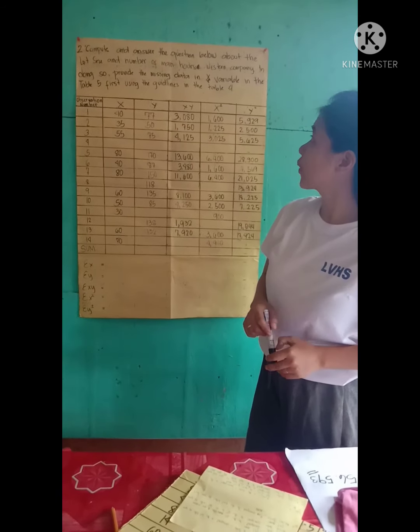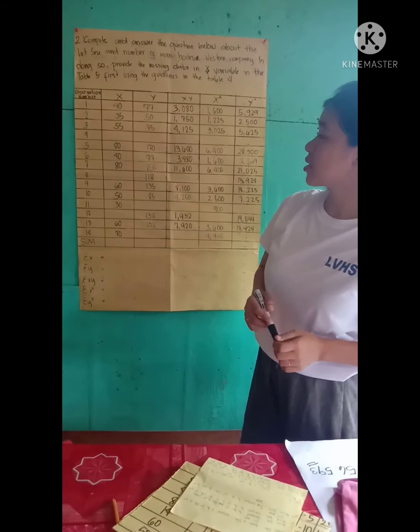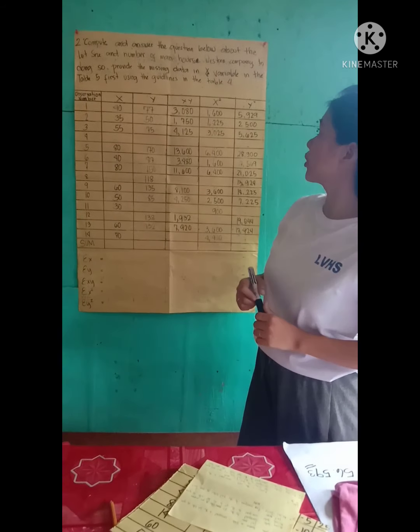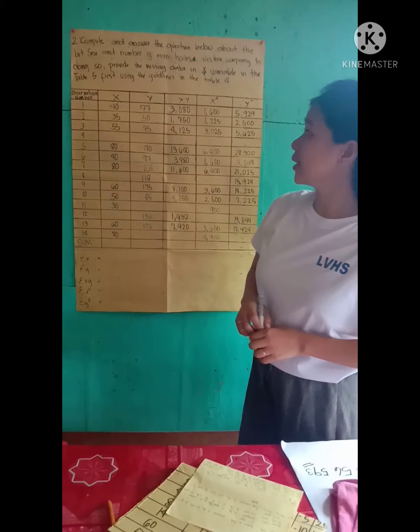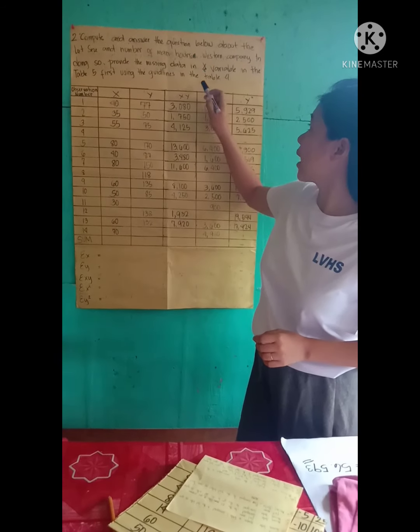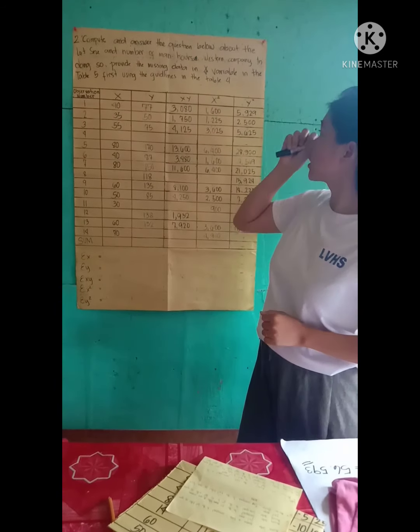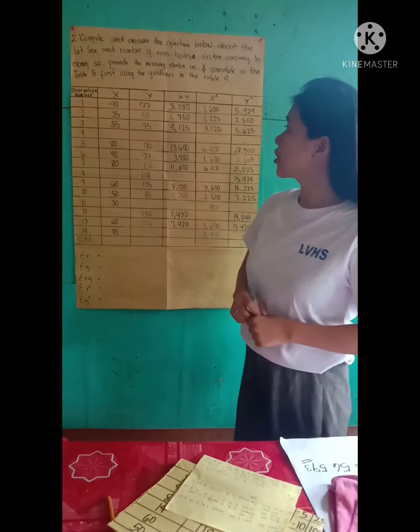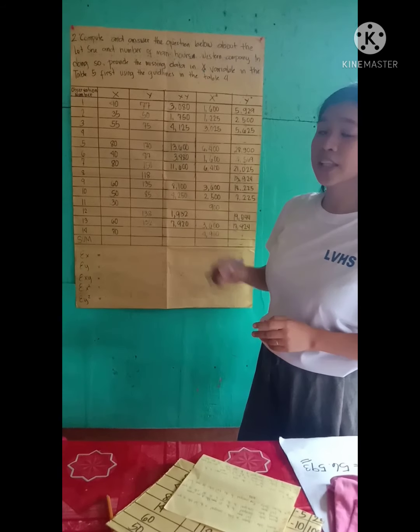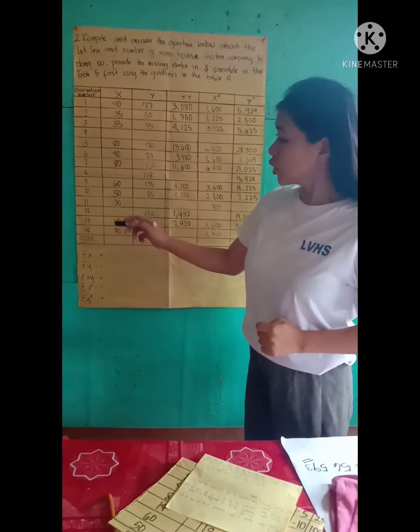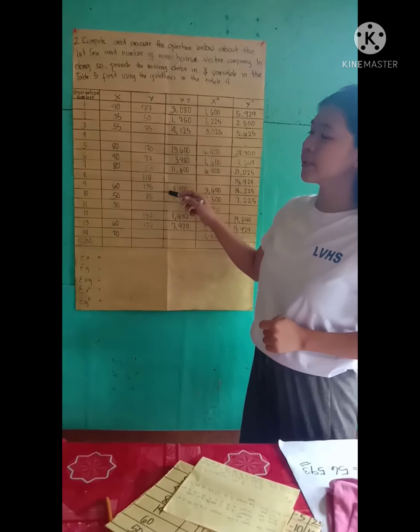Compute and answer the question below about the lot size and number of man-hours in Westwood Company. In doing so, provide the missing data in the X variables in table 5, first using the guidelines in table 4. As you observe, we still have incomplete data here.